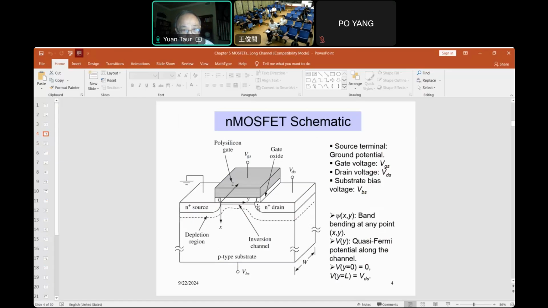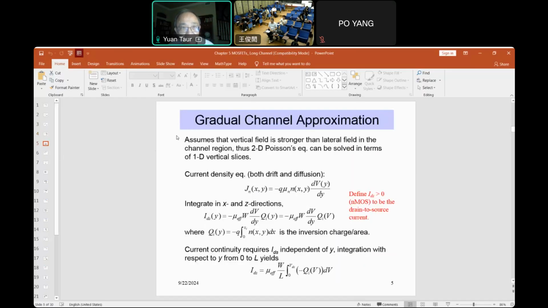And this chapter 5 is called long channel MOSFET. So if this L is very long, that means the potential or the voltage changes only slowly in the y direction. So in the Poisson equation, we only take the second derivative of potential with respect to x equal to charge on the other side. So that's called the gradual channel approximation.